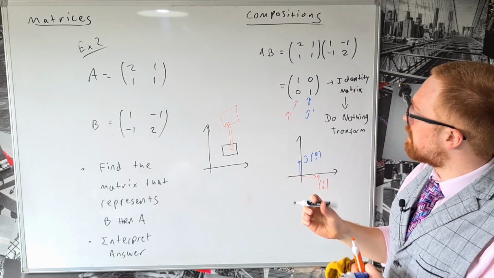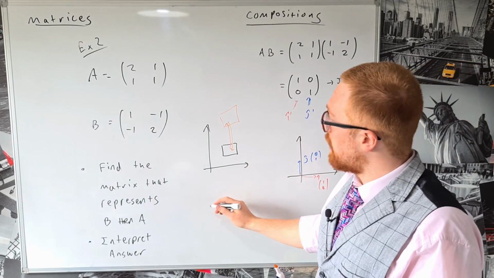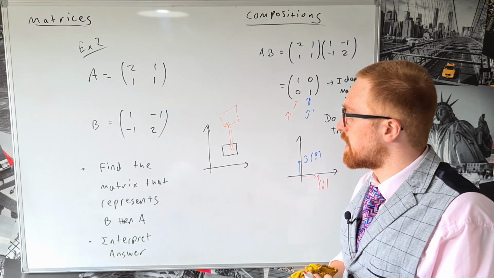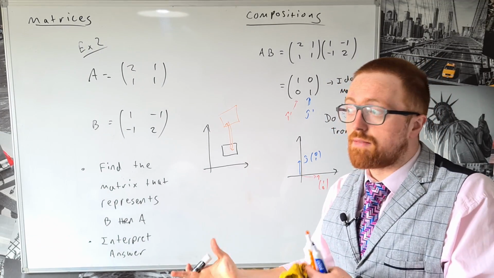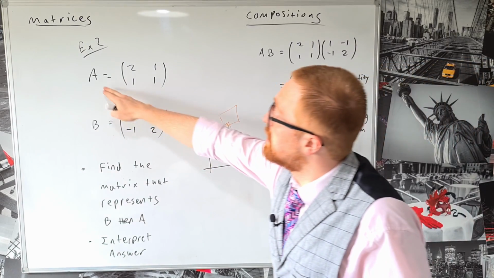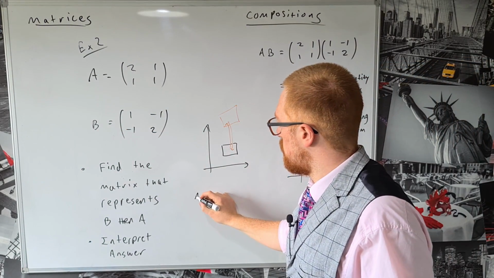And there's a special name for this: they're called the inverse of each other. It's like inverse operations in algebra. Timesing by 3 is the inverse of dividing by 3, because they undo each other. These two matrices are inverse.